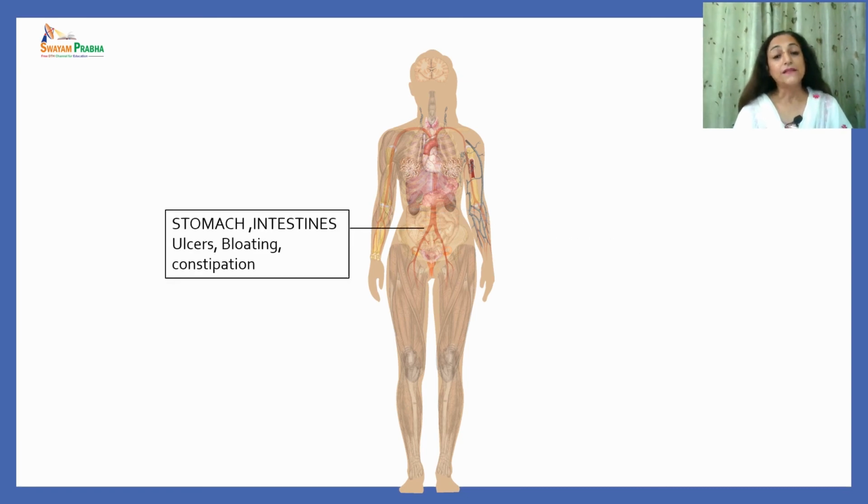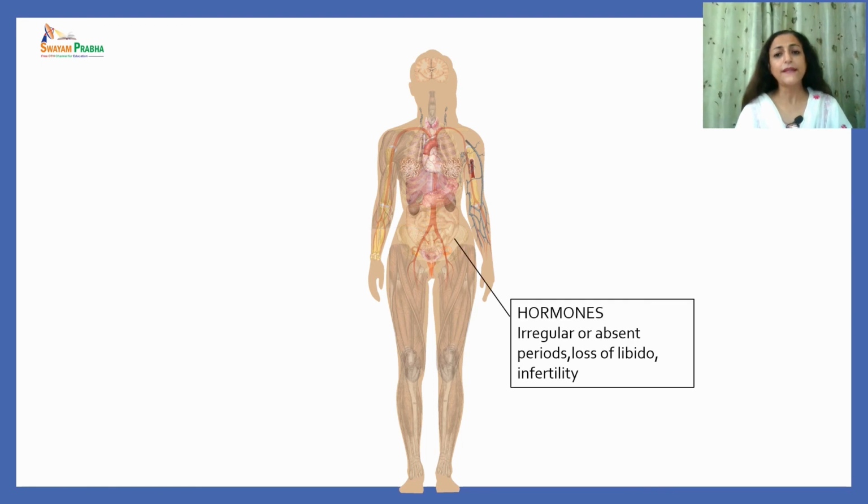In the stomach, bloating could be there, there could be ulcers, they might experience constipation also. And irregular or absent periods could be there because of hormonal imbalances. And then there could be loss of libido, or infertility can also happen in the case of females.